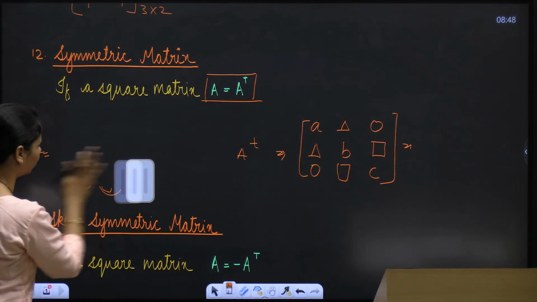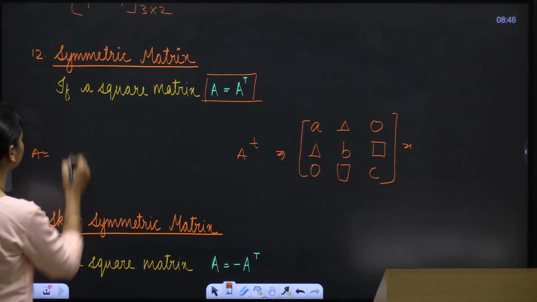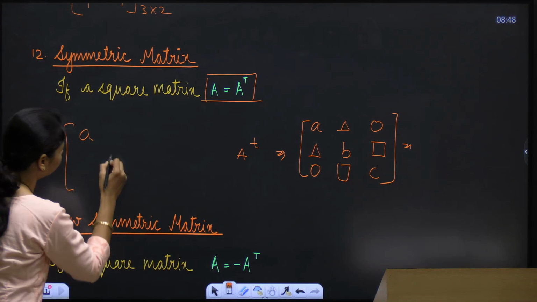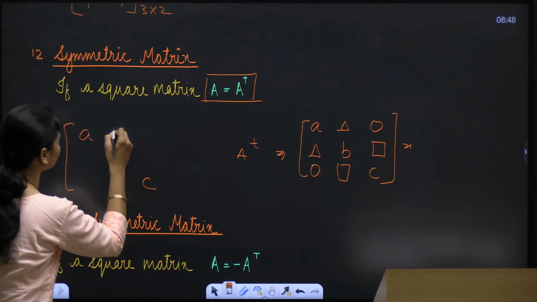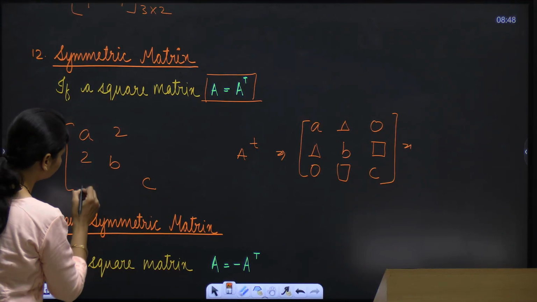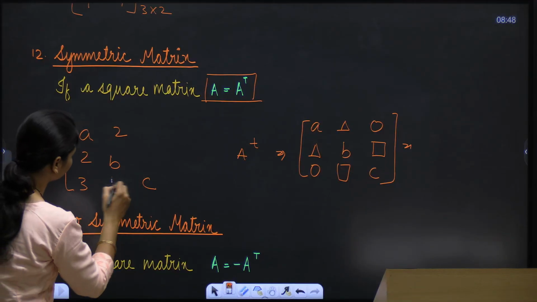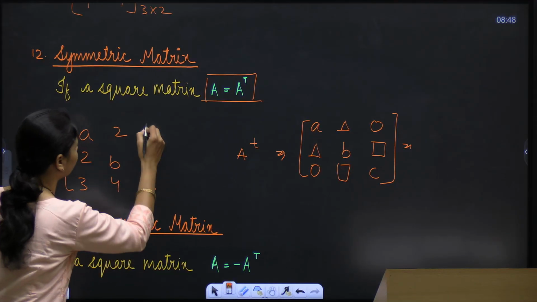Now I compose the symmetric matrix: A, B, C, then 2, 2, 3, 4, 4 and 3.